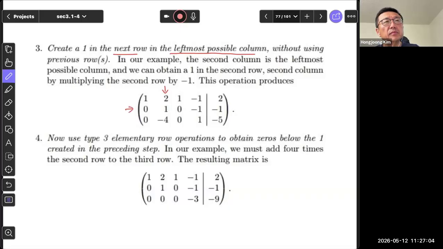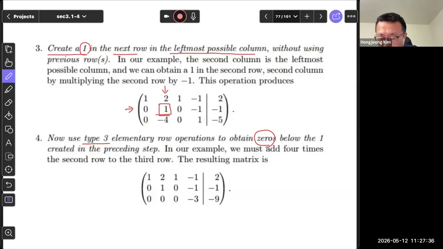Second row. So that means you create 1 there in the second row, second column. And then using this 1, we perform the same type 3 elementary row operation to obtain zeros below this 1 in the second row, second column.